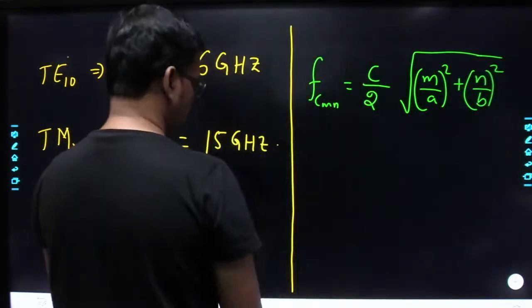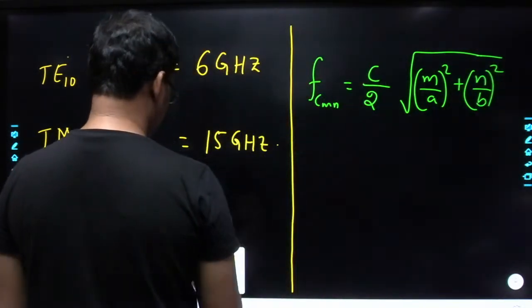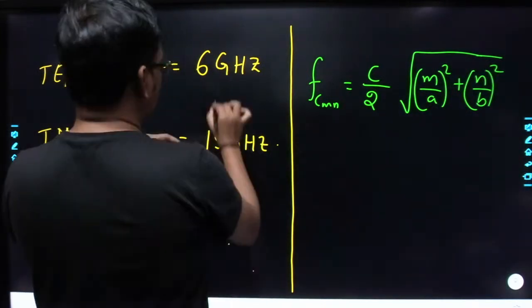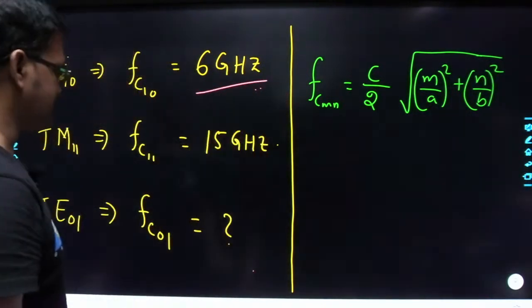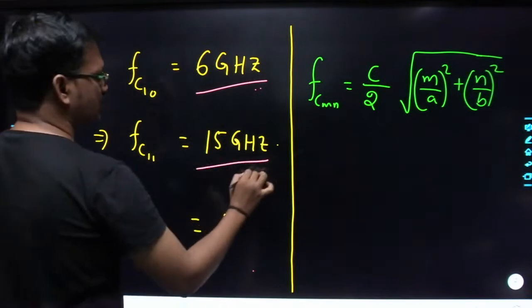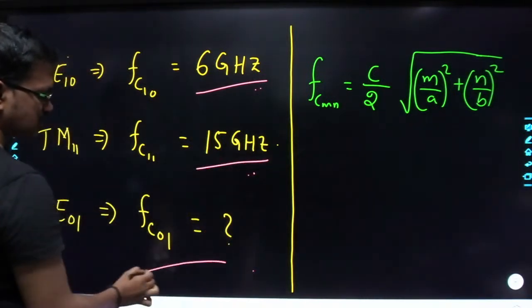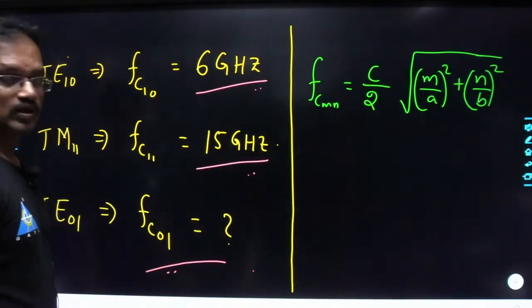Okay. So for FC10, they have given the cutoff frequency as 6 gigahertz, whereas for FC11, it is 15 gigahertz. They are asking us to determine FC01, right?